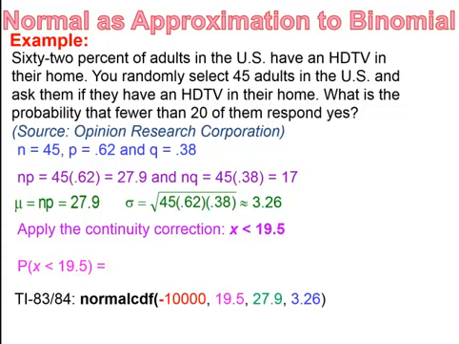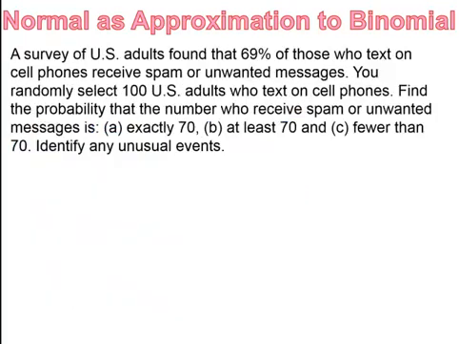It's shaded to the left, so it's negative infinity to 19.5. I put in my mean, my standard deviation, and I'll find my probability. And the probability here is 0.0050, which is a very low probability.